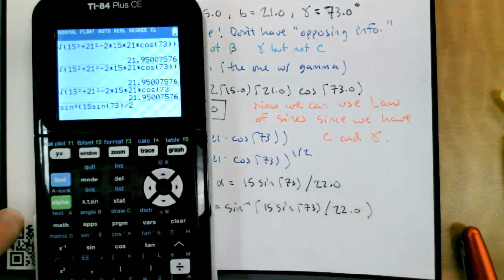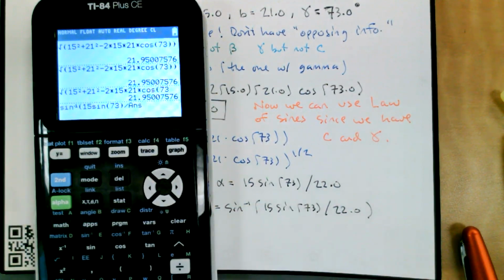And since I don't want 22.0, I want 21.95007576 plus whatever comes after that. So I'm just going to put second answer, and then I'm going to close my sine inverse command.